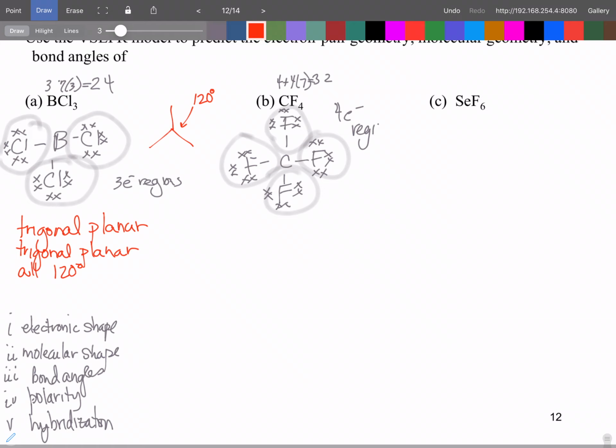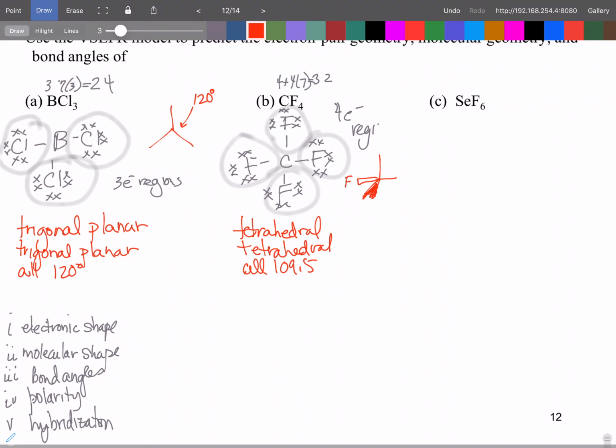That means when we go to do the shapes, we have tetrahedral. The electronic shape and the molecular shape are tetrahedral. Because all the bonds are the same, they're all 109.5. Now, if you wanted to draw that in, you could draw it like this.